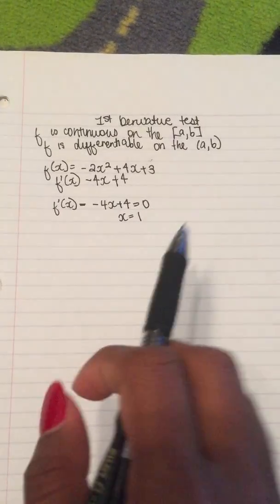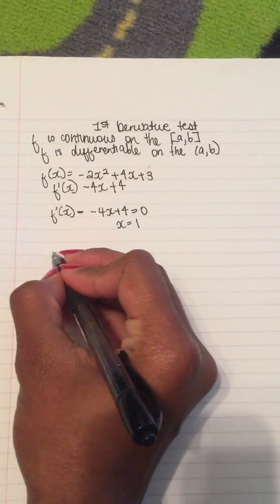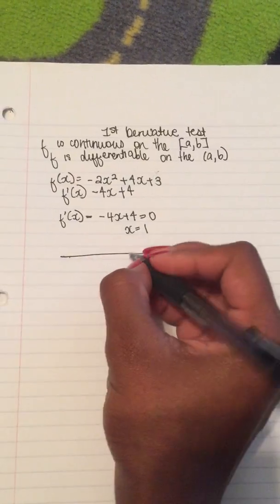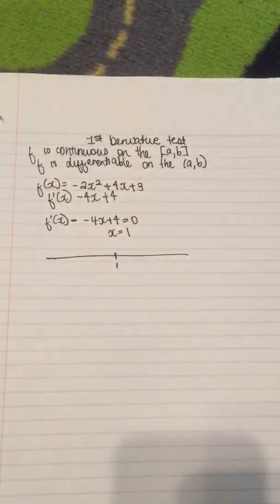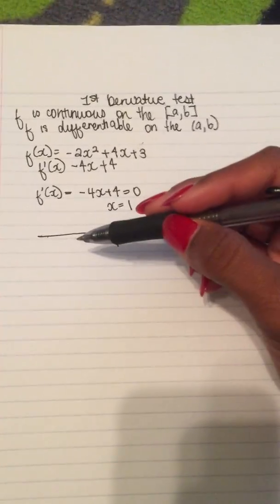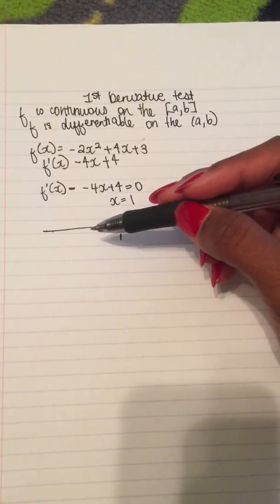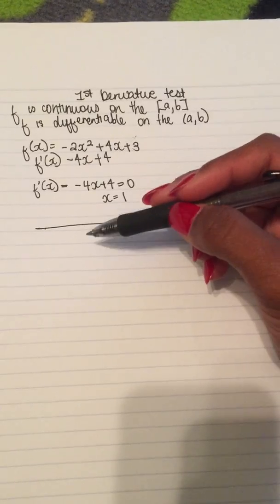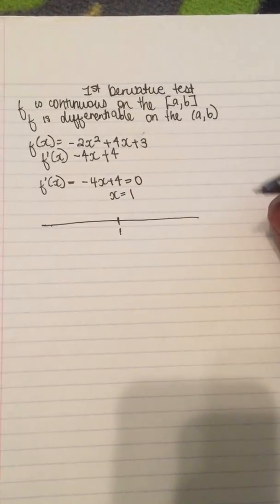To find our max and min, I make a little timeline, put my 1 there, and then you do test points. I'm going to use 0. You plug it back into the derivative.